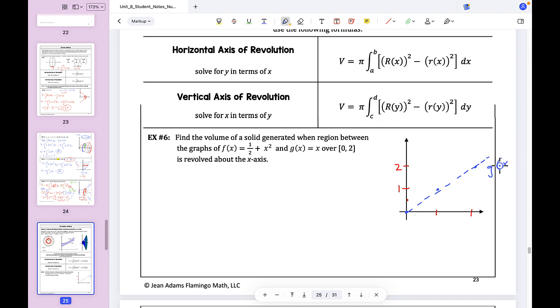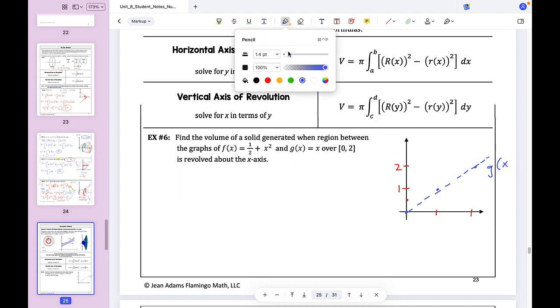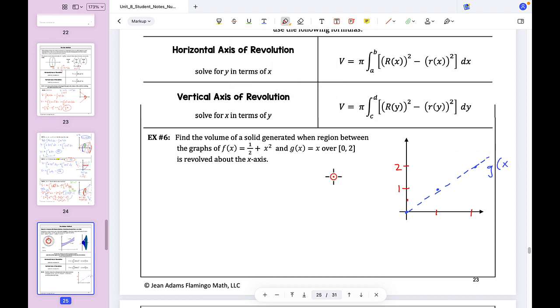Okay, and then the f of x graph, so I've got 0, 1/2. Okay, 1 will be 1.5, and then 2 will be 4.5. So we're looking at a curve that is a little bit more severe than what I had. Something like this, okay?